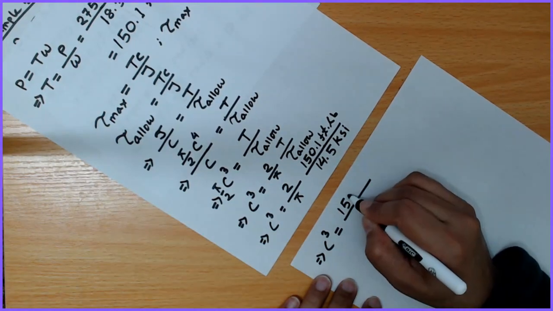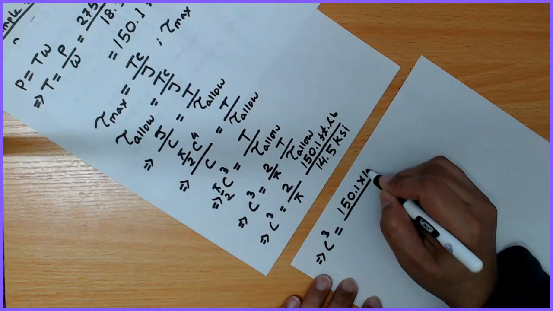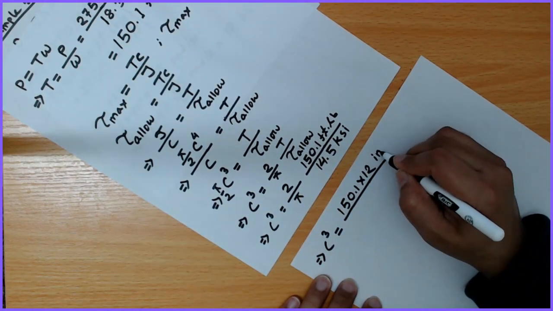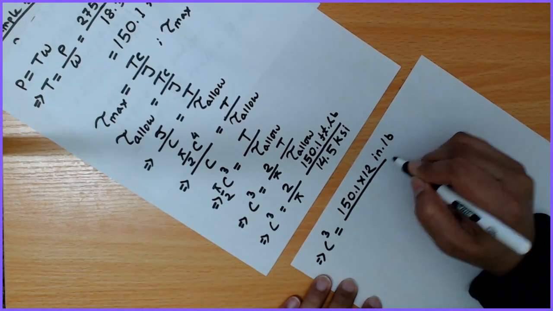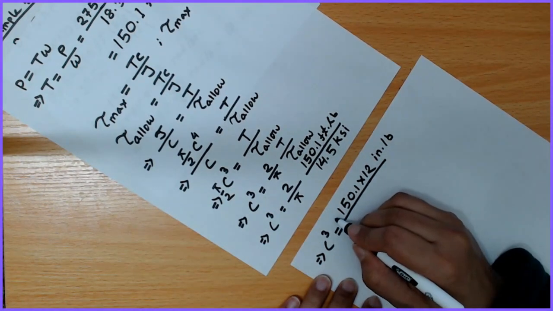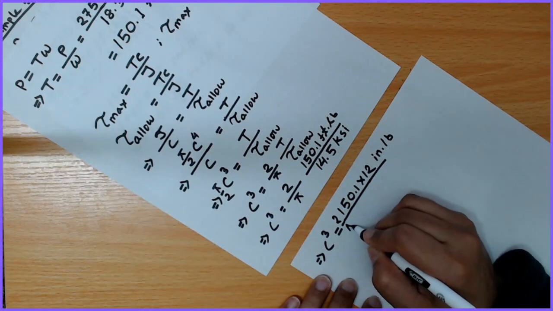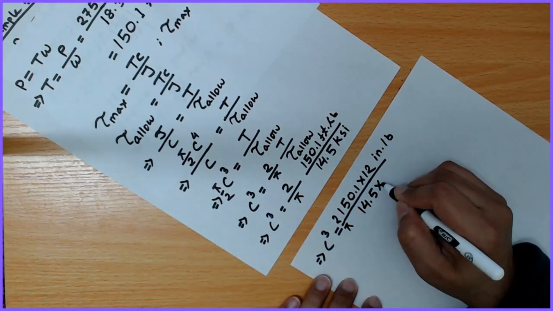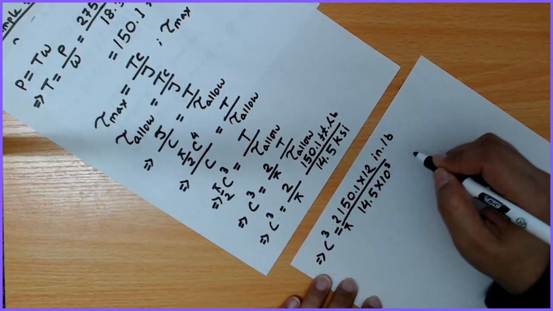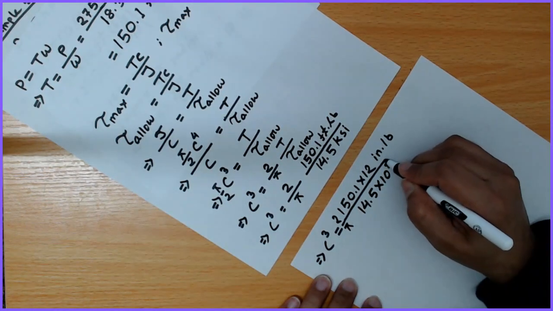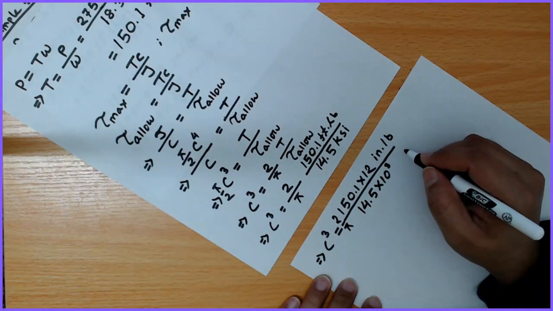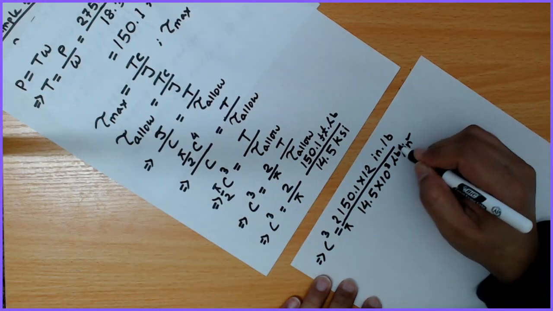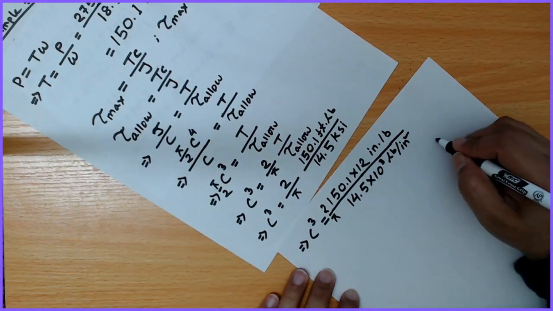So 150.1 multiplied by 12 inch pound, with 2 by pi, over 14.5 multiplied by 10 to the 3 pound per inch square.